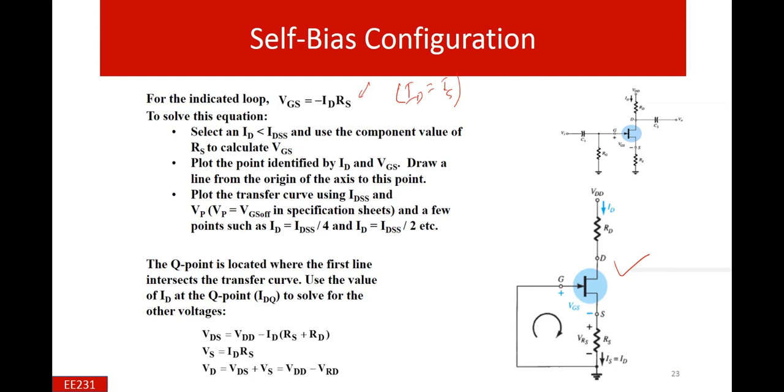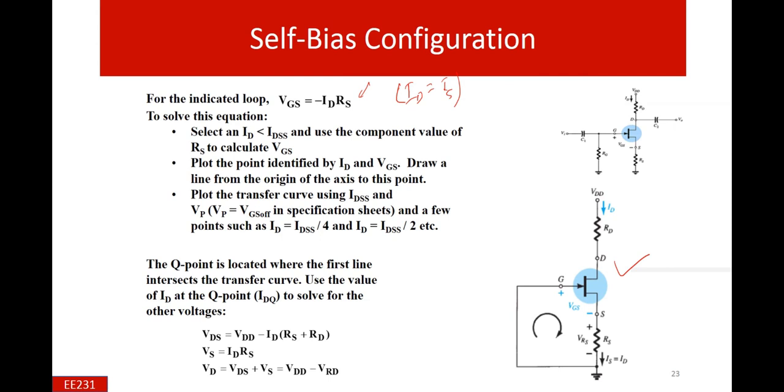So how do we find the VGS? In this case, VGS is dependent on the RS value. So the current is controlled by RD, and the voltage across the gate is controlled by the resistance RS. To solve this, let's review the situation. We always select the drain current to be less than the maximum value, and the value of VGS can be calculated by using the RS value.